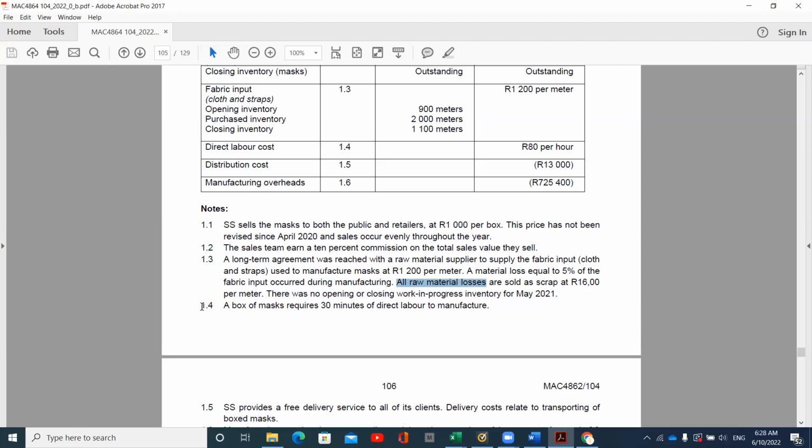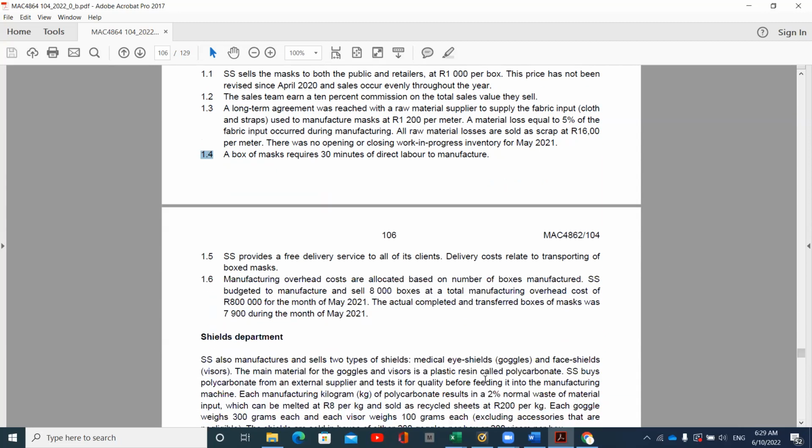And then we dealt with 1.4, then with 1.6, it is a delivery cost, but this is delivery cost to all clients, okay? So delivery cost relating to transporting of box masks. So that is a selling cost, so we don't include it.